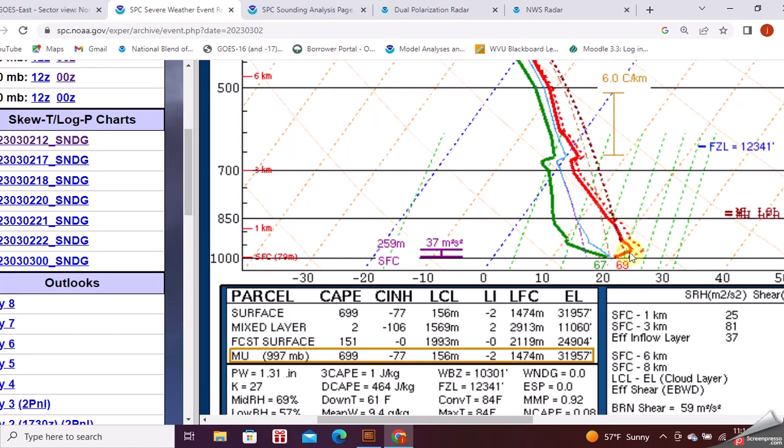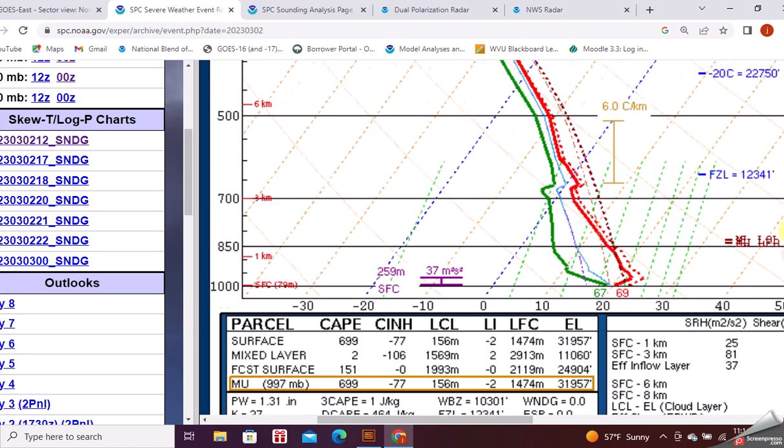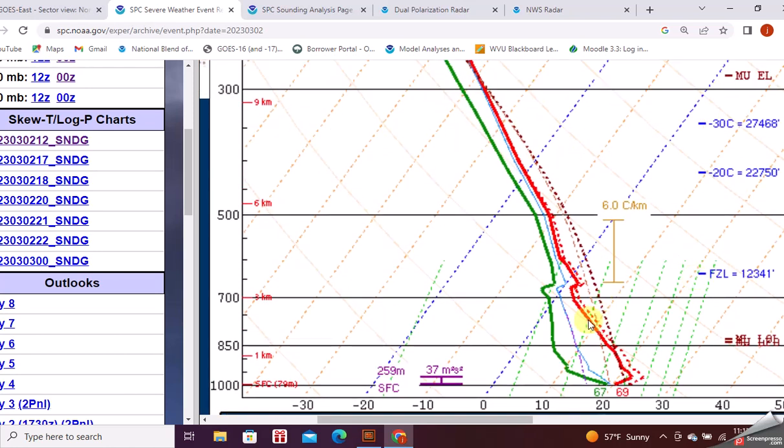So if I have an air parcel down here that's lifted up, this is the temperature of that air parcel. Now, reality, here's the temperature of the outside air to that. Notice the difference, the spacing. A skew T allows me to look at this area and say, oh, the bigger this area is, the more unstable the air, the more power that air parcel has.